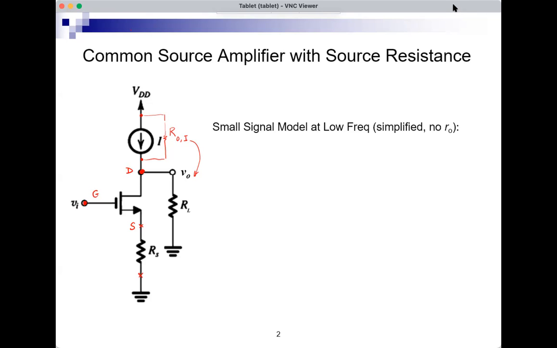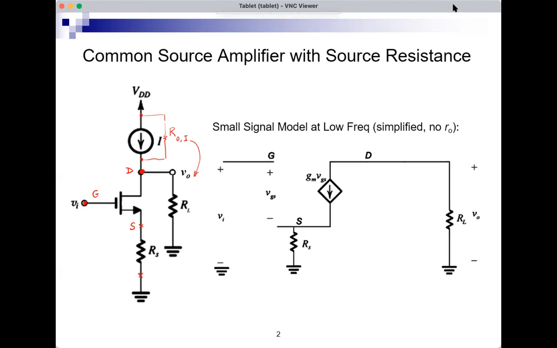Let's start with the small signal model at low frequency, very simplified. We will also assume that there is no small RO for the MOSFET. The circuit looks like this. This is the MOSFET with its gate, drain, and source, and there's no small RO.